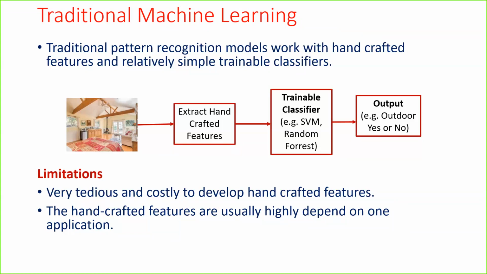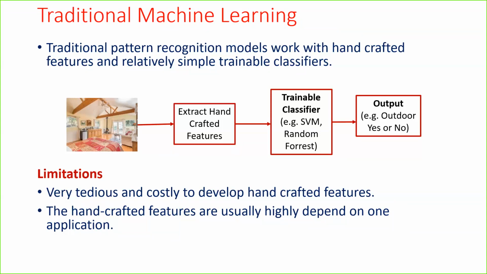These handcrafted features usually depend highly on one particular application. It's not a generalized procedure for each and every domain. Depending on the domain, we have to change the feature extraction. What kind of features we extract from the given object will change from domain to domain or application to application. So this is the problem with the traditional machine learning algorithms.